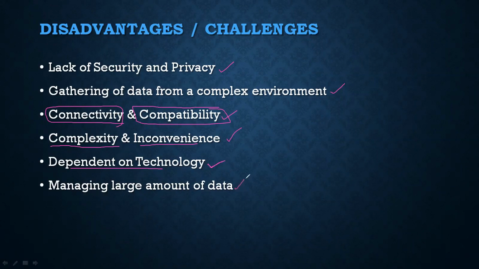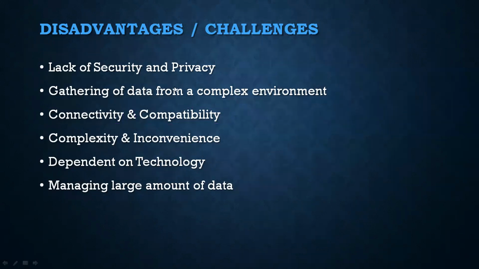We saw that from a complex environment we gather a very large amount of data, but maintaining and managing this large amount of data is the question mark. So these are all the challenges of the IoT system.